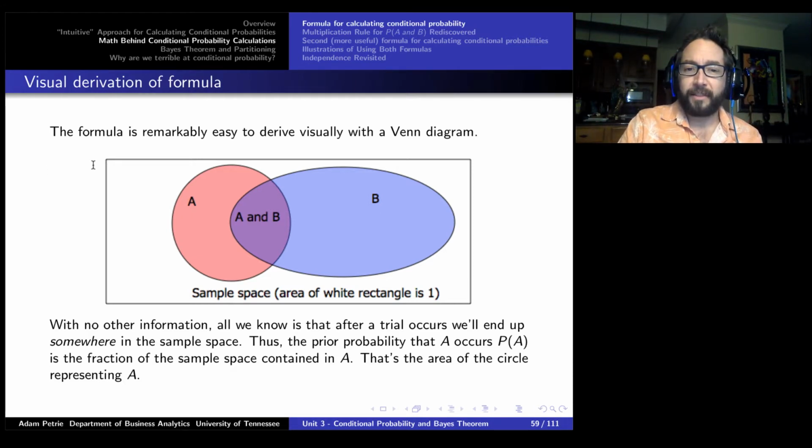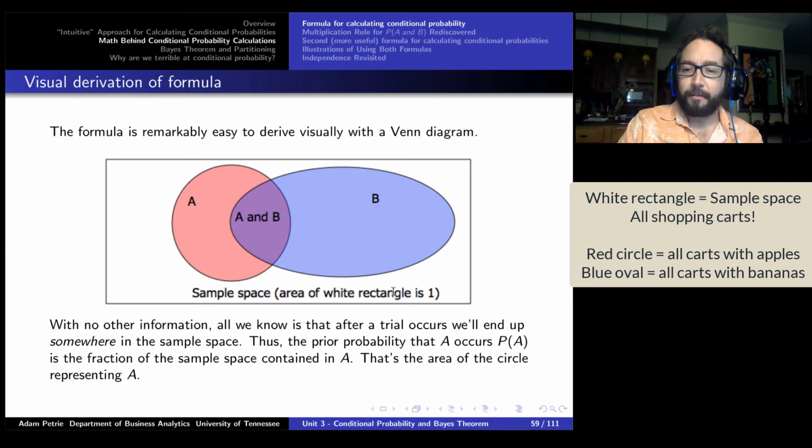So let's imagine that this rectangle here represents the entire sample space of shopping carts. So some have apples, some have bananas, some have both, some have neither. And let's go ahead and color code the region of the sample space that corresponds to event A. In other words, let's color code the rectangle of shopping carts with a pink circle to represent the fraction of carts that have apples.